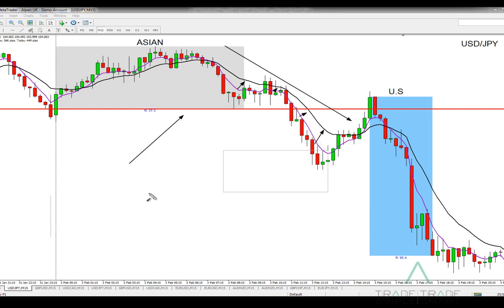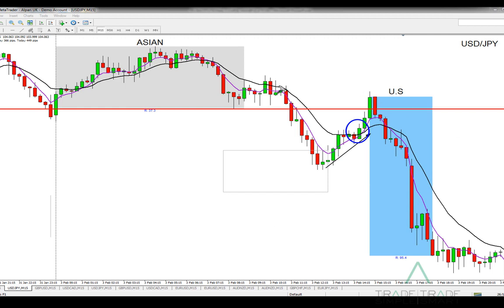And this is just to show that the short-term trend of the market is down. As we make the reversal and we're heading towards the open of the US session, we have a cross of the averages, which shows that the short-term direction of the market is up.